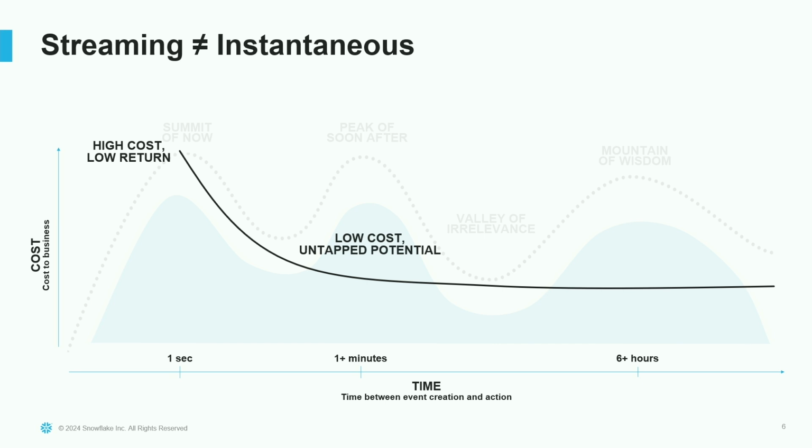And that, as this graph shows, leads to a result wherein the cost of the applications becomes too high as the data volume increases. So what we want to encourage our customers is to think of the trade-off between cost and latency as you are designing your streaming applications. And our platform at Snowflake provides sufficient knobs in the system so that you can reason about these trade-offs as you configure the streaming applications at Snowflake.